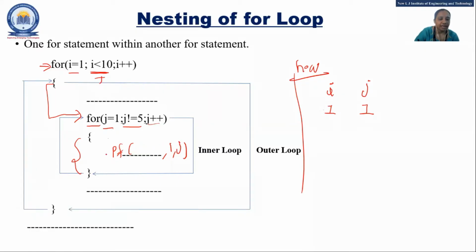We are printing the values of i and j so it will be clear what the values are. So what will it print? It will print 1 1. Clear?